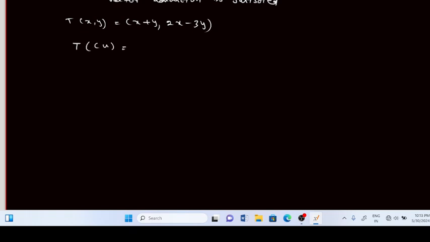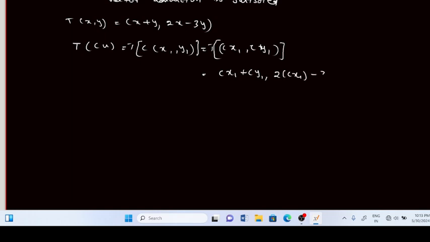U is (x1, y1), so if we multiply, we can write it as (c x1, c times y1). Now this one we substitute in the given function. x is c times x1, plus y is c times y1, comma, 2 times x is c x1 minus 3 times y is c y1.